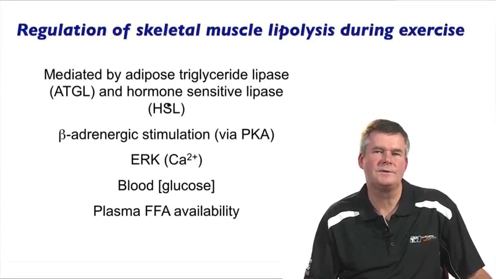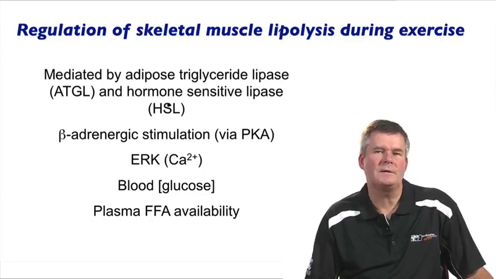If we turn our attention to skeletal muscle lipolysis, then again those two enzymes are involved, ATGL and hormone-sensitive lipase. Again, the beta-adrenergic system and an increase in adrenaline acting through the protein kinase A pathway will activate the hormone-sensitive lipase.